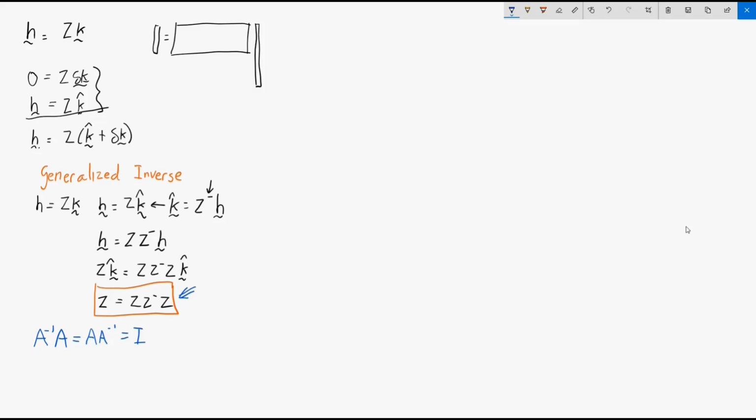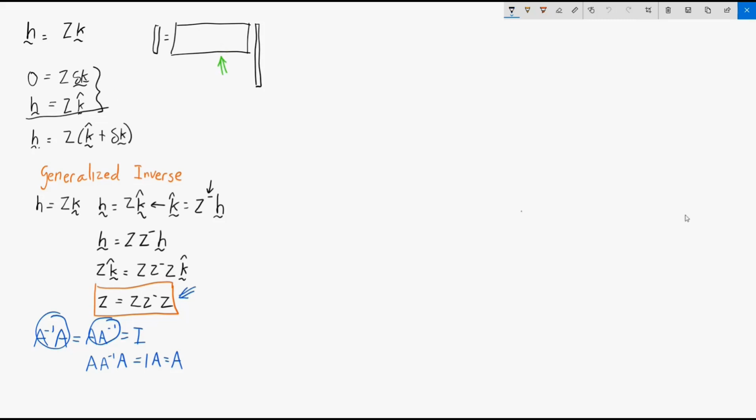So let me take this equation and multiply by A negative 1: A equals IA equals A. So it is apparent that the inverse of a square matrix is just one particular instance of the generalized inverse of a matrix which does not need to be square.